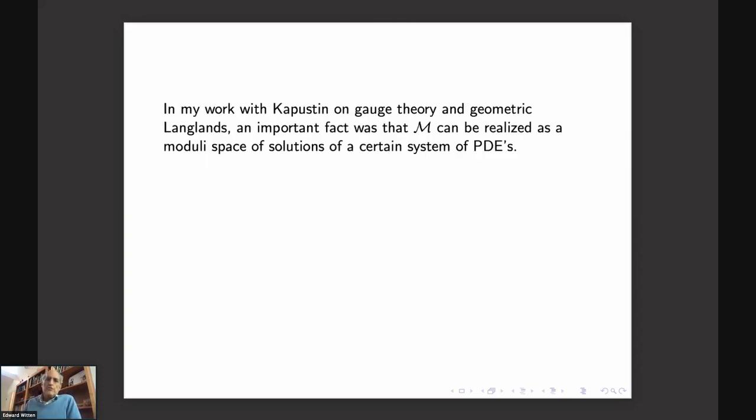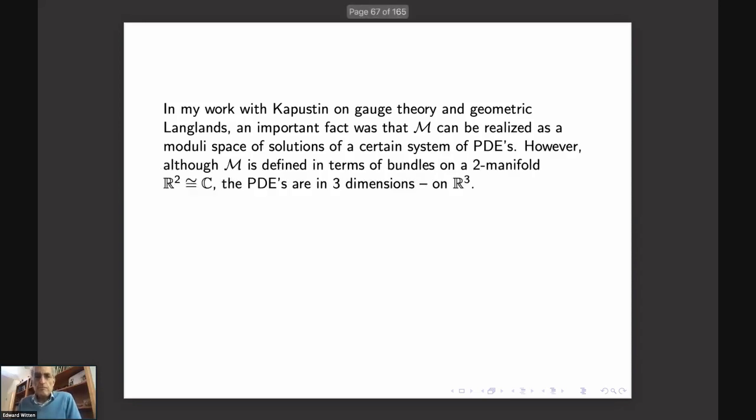Well, in the work I did with Kapustin on gauge theory and geometric Langlands, it was an important fact that M is a moduli space of solutions of a certain system of PDEs. But there's a trick. It's displaced in dimension by 1 from what you might expect.